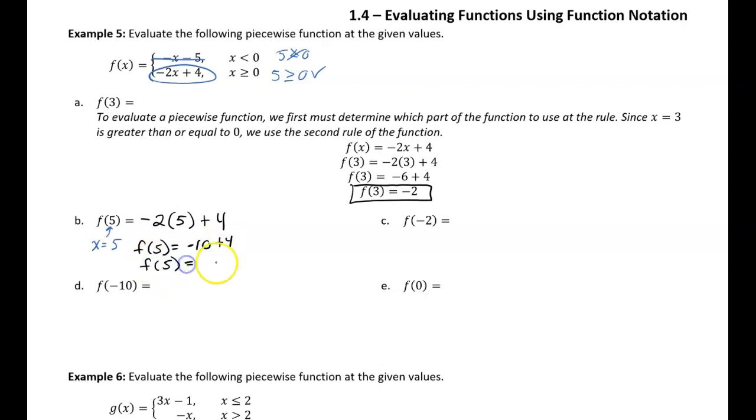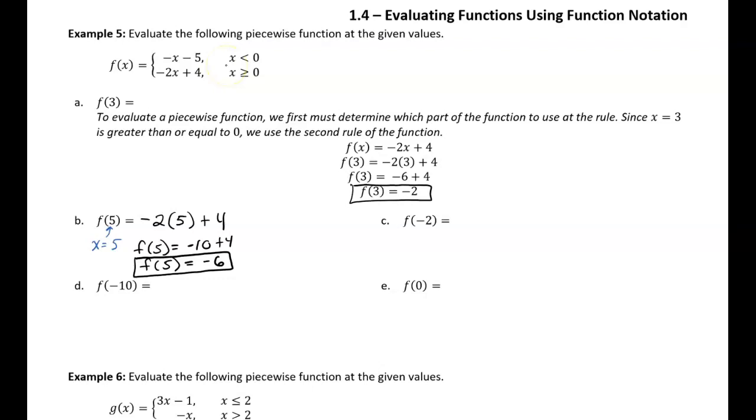We have f of 5 is equal to -6. And there's my answer. So it all depends on what x you're looking at. That'll determine which rule of the piecewise you're going to actually use. You do not use both, right? Because it's not allowed in one of them. It's only going to ever work for one part of the formula.